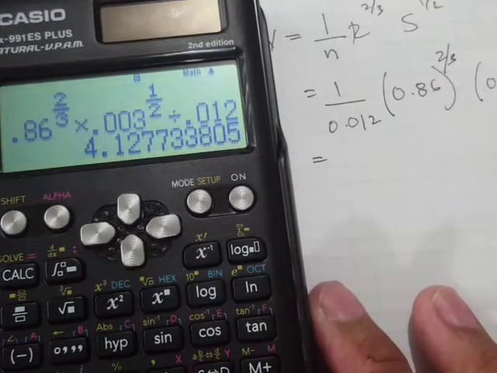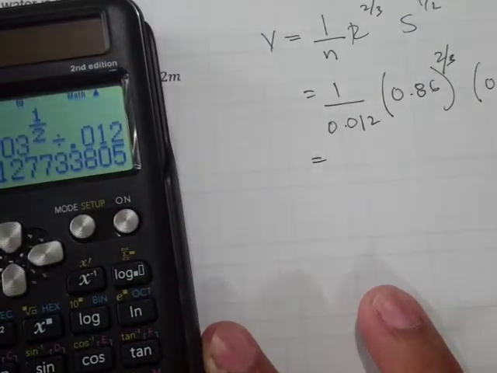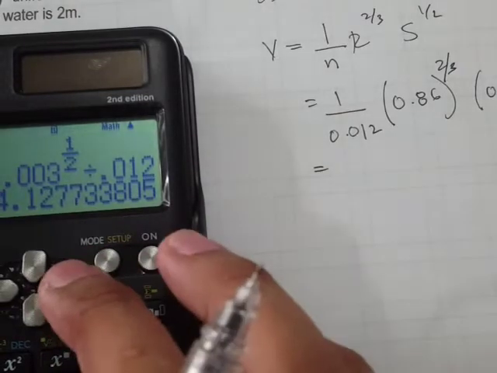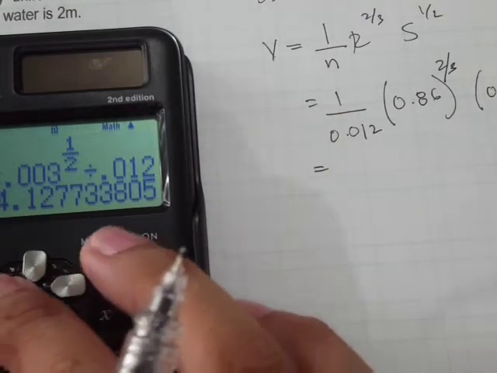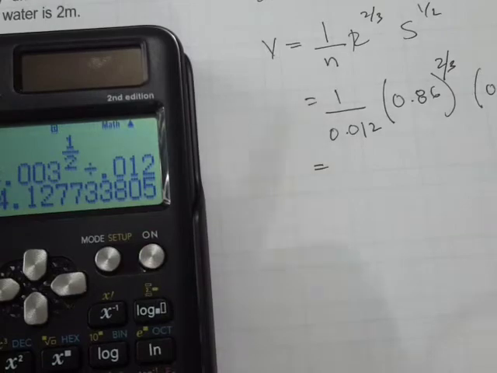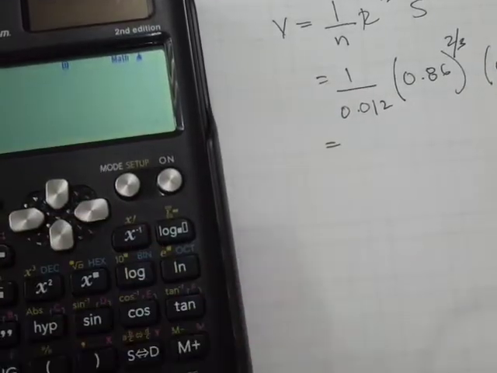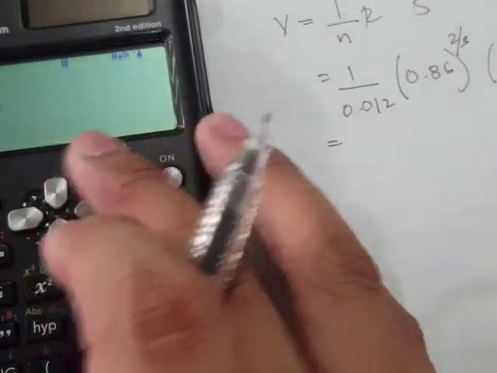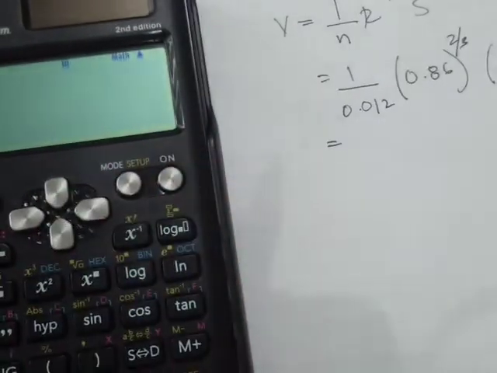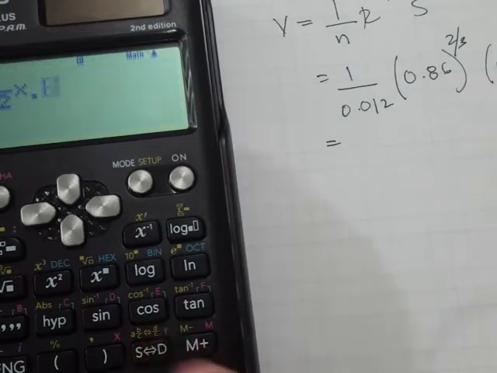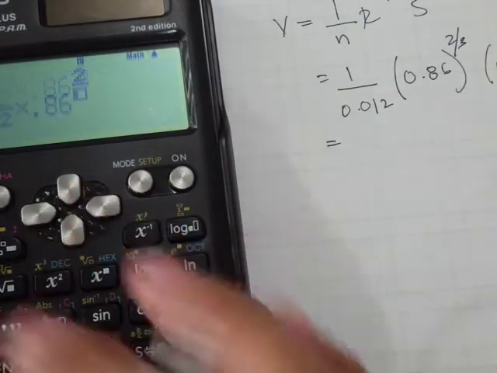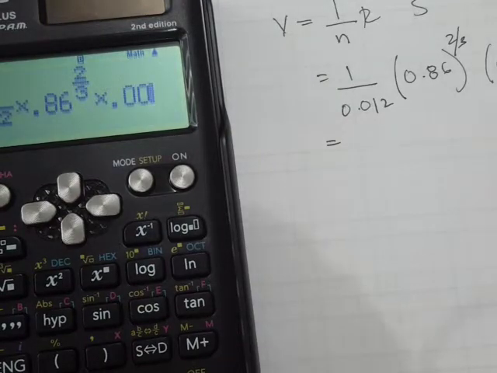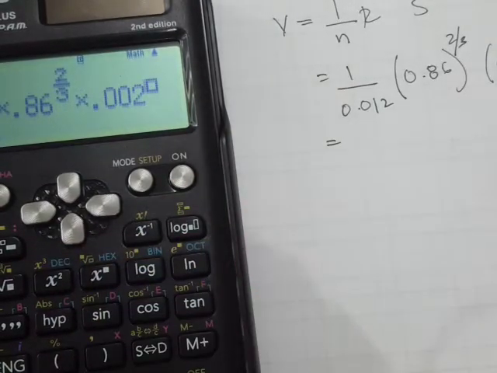Let me do it again: 1 over 0.012 times 0.86 raised to 2/3 times 0.002 raised to 1/2.